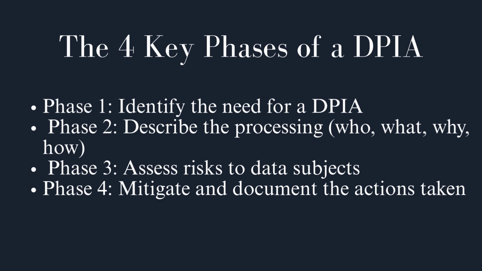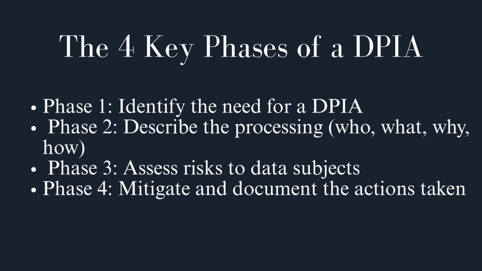And the third phase is assess the risk. What could go wrong? Would data be misused, leaked, or lead to discrimination? Phase 4, implement solutions like stronger encryption, limited data collection, or access control. And finally, document every step. Remember, under GDPR, if it's not written down, it did not happen.